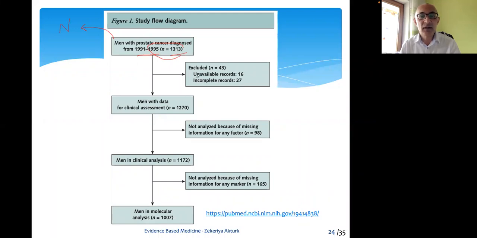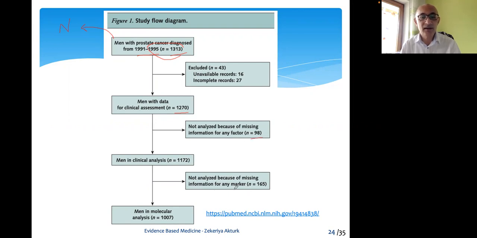Then some of them they had to exclude because of problems with the records, etc. And how many they included for clinical assessment? 1,270. Some of them they could again not analyze because of some other factors, approximately 100.